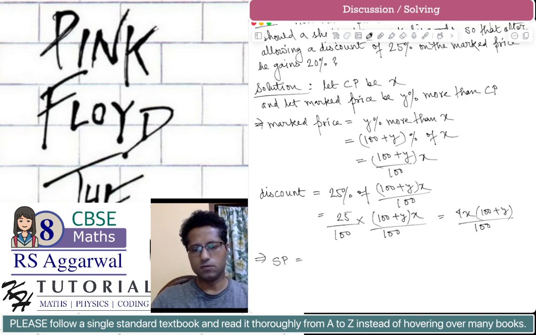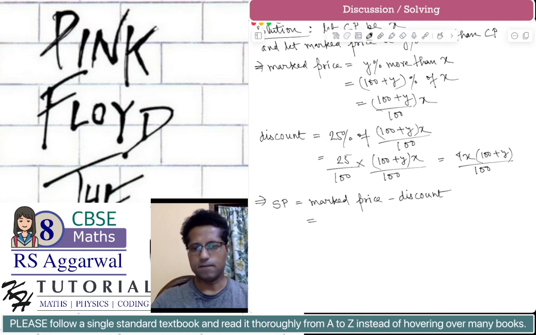We have the mark price and we know the discount, so the selling price will be equal to mark price minus discount. This is equal to (100 plus Y) multiplied by X by 100 minus the discount, which is X times (100 plus Y) divided by 4 times 100.